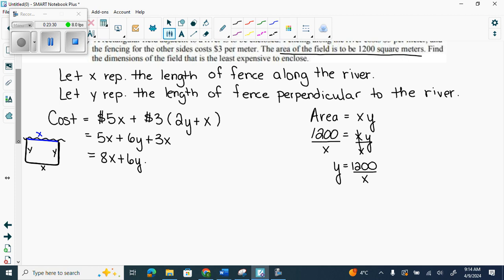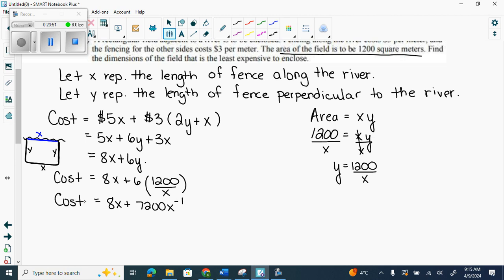Okay, so we're going to get cost equals 8x plus 6 times 1200 over x. So we get 8x plus 7200 x to the negative 1. It's easier to derive that way.